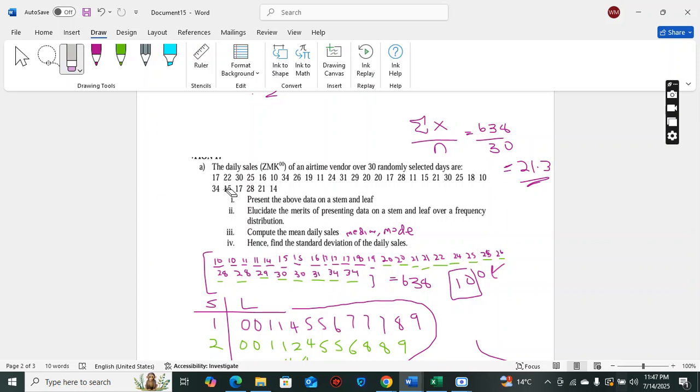The sales are close. So this is a small standard deviation. They're in the same range. They're close to each other like that. They're not really far apart.